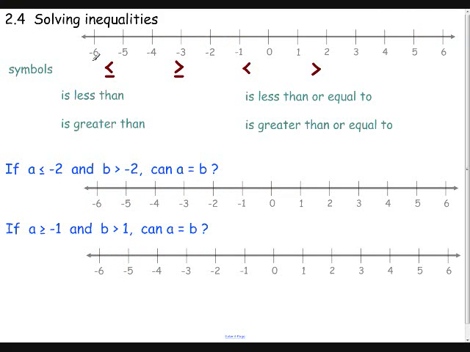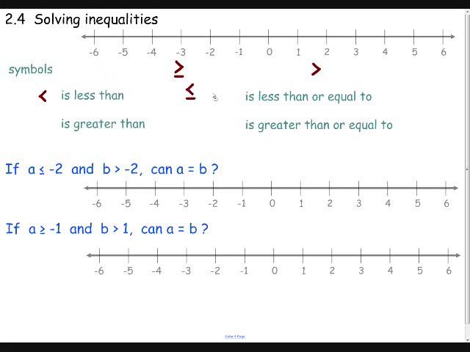Solving inequalities. So we'll get right into it now. We need to match the symbols to the words. Is less than and is less than or equal to. This is the one we use for is less than.